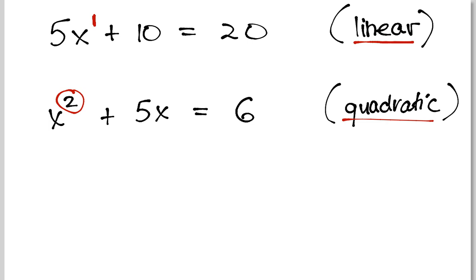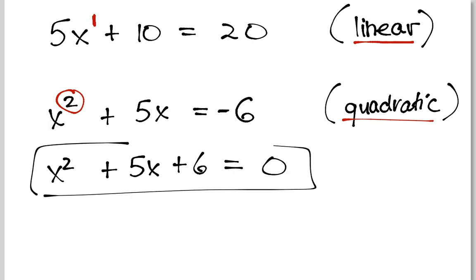So in order to solve quadratic equations, and I'm just going to throw a negative on there, what you have to do is get all the terms on one side, so move the minus 6 over to the other side as a plus 6. You have to make them equal to 0. And then you have to factor.